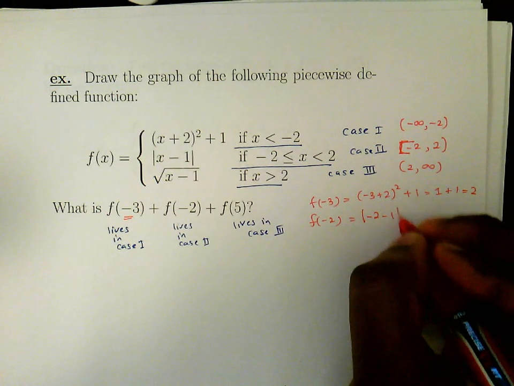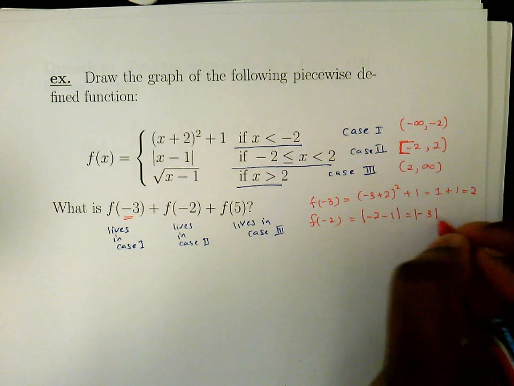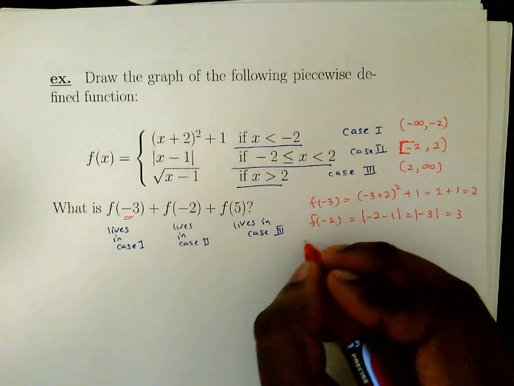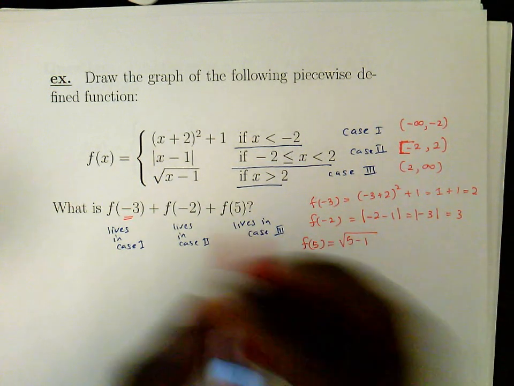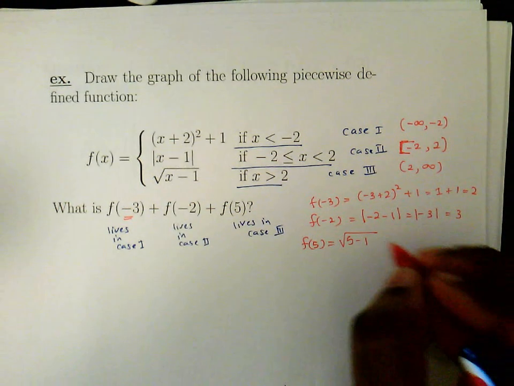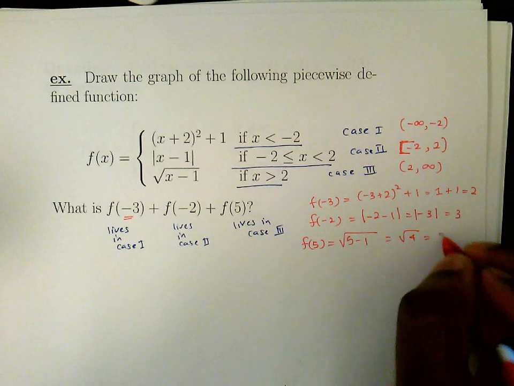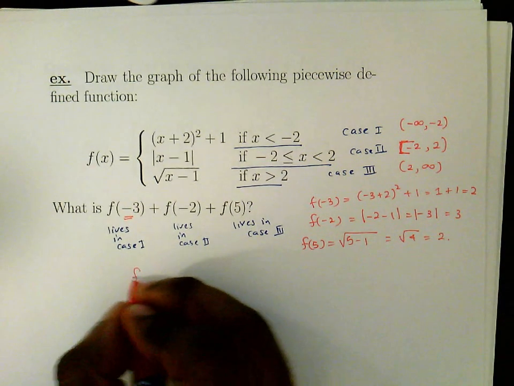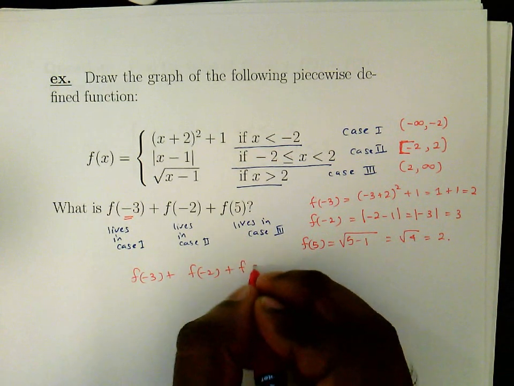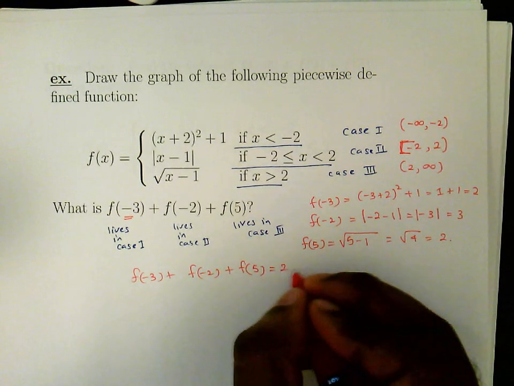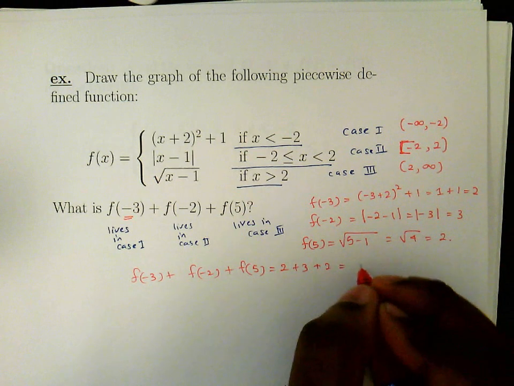Absolute value of -2 minus 1, absolute value of -3, that's 3. f(5), square root of 5 minus 1, because that's case 3. That would be square root of 4, that's 2. So f(-3) plus f(-2) plus f(5) is 2 plus 3 plus 2 equals 7.